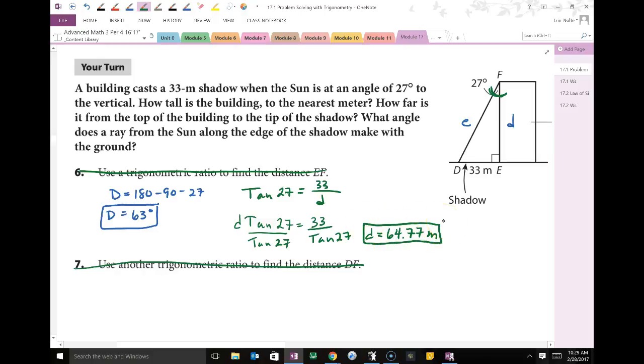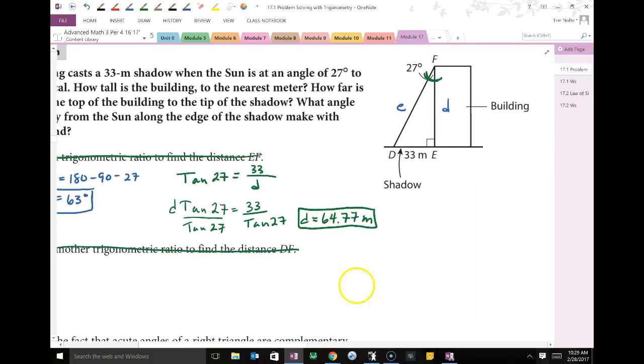What's my last piece I've got to find? The hypotenuse, my E. How could I go about doing that? I could do the Pythagorean theorem, or I could do a trig ratio. Should we do the Pythagorean theorem just for practice, since we just did a trig ratio? It doesn't matter which way we go. We'll get the same answer either way.